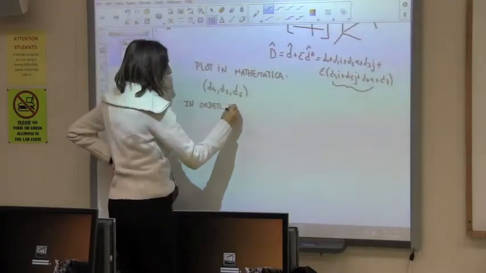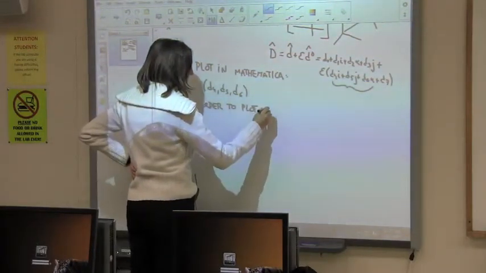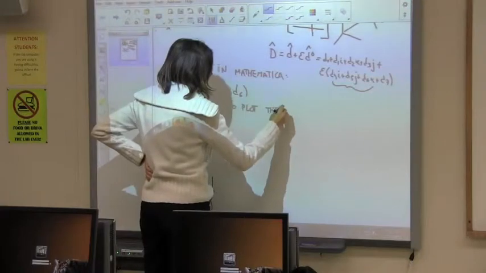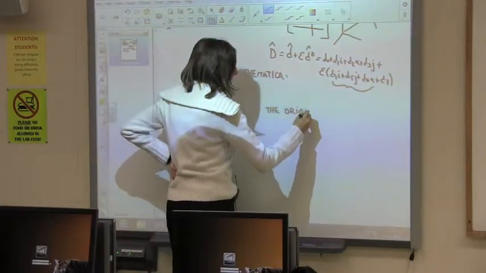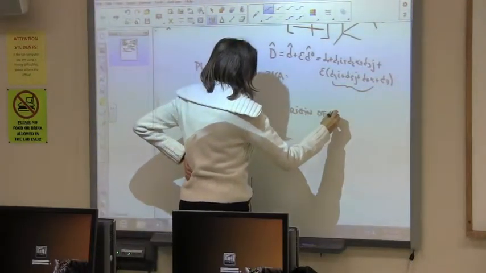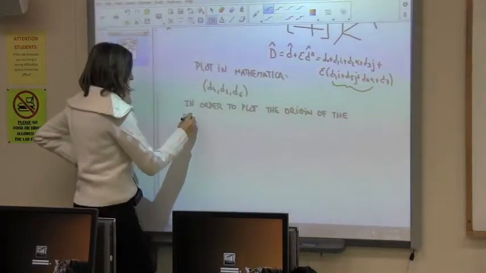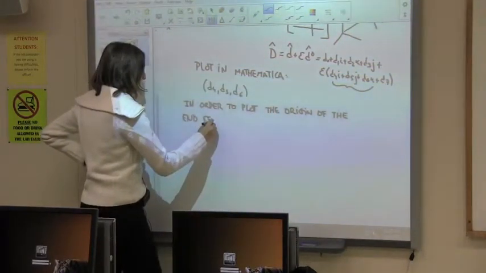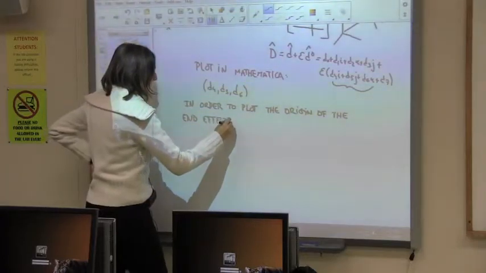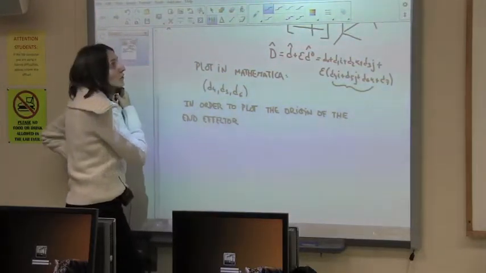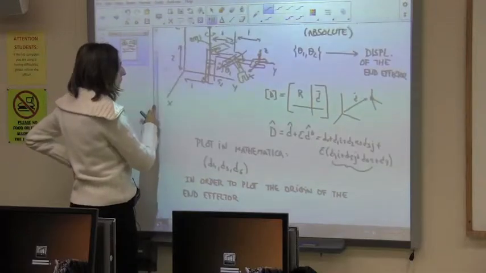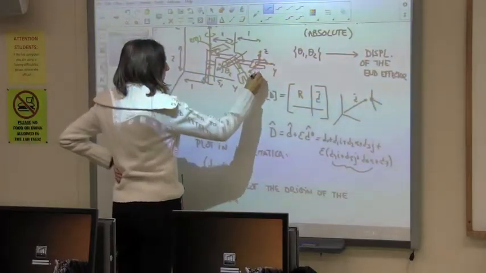So let's just do it. In order to plot the origin of the end effector we need to see where it goes. So how do we want to call that point? Let's call it P.